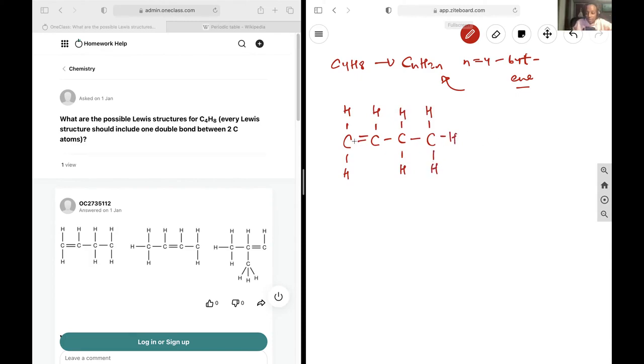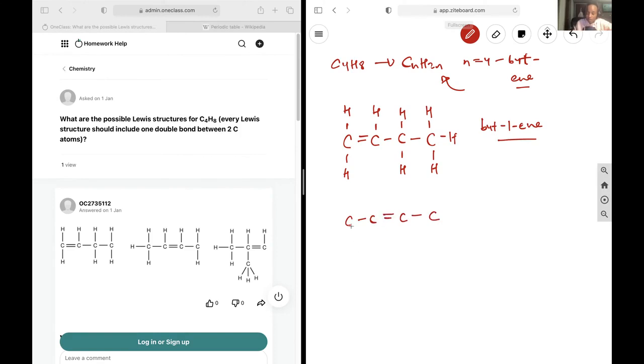So what this is called is, if we count this way, and we're going to have to count this way because we want to encounter the double bond as soon as possible, this is going to be but-1-ene if we label it.